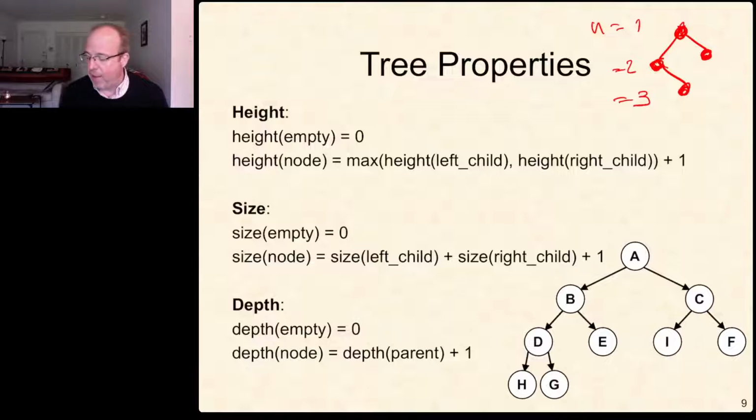The size is the total number of nodes in the tree. So the size of the tree is 1 plus the size of the left subtree plus the size of the right subtree. Again, it's a recursive definition.